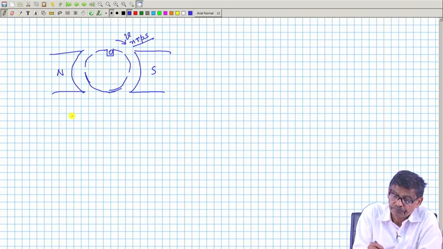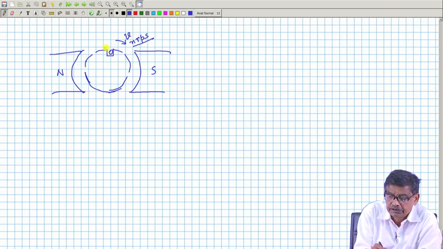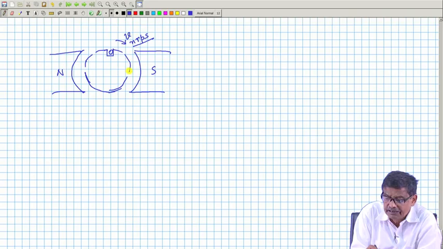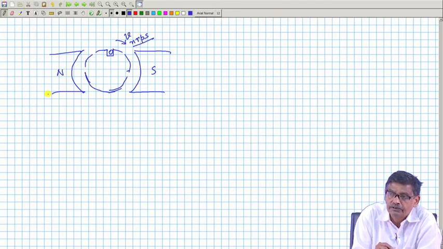If it moves, the voltage across this conductor in this position will be 0, because B and V are on the same line. It will have some maximum value when it comes under south pole, then once again it will be 0, then once again it will be maximum, but polarity will reverse because it is now under north pole, and once again back to 0. Now, listen to me carefully.